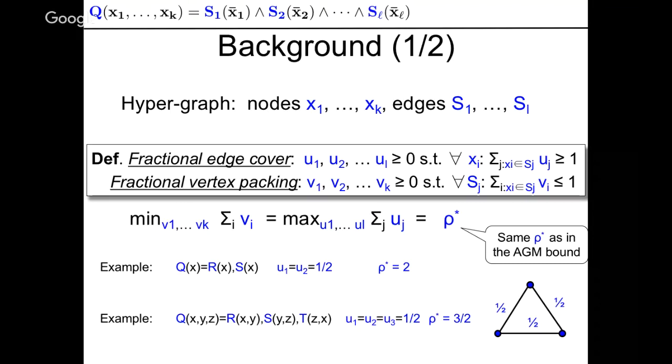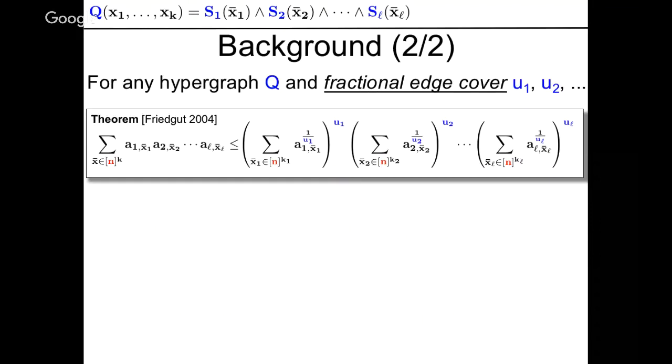Good. Here is a really cool inequality, introduced by Friedgut in a paper in 2004. And it says the following. It's a little bit dry, but it's going to become very nice in a few seconds. Fix a hypergraph. For every hyperedge, associate a sequence of numbers.